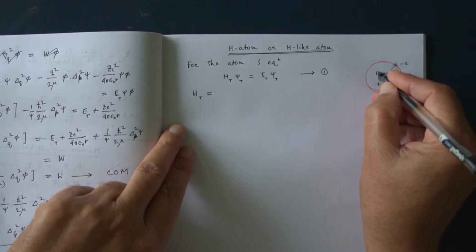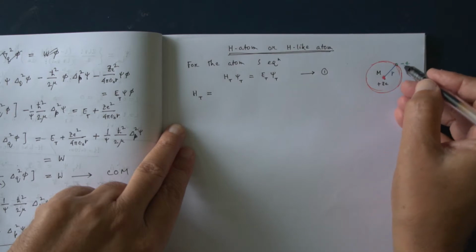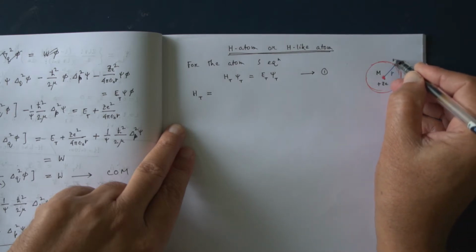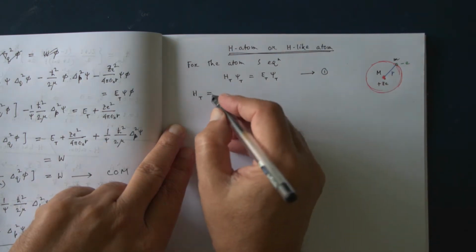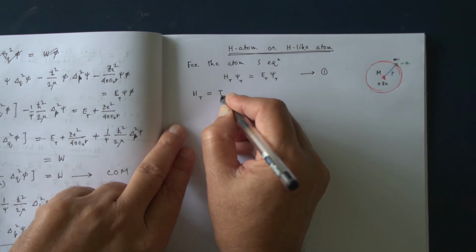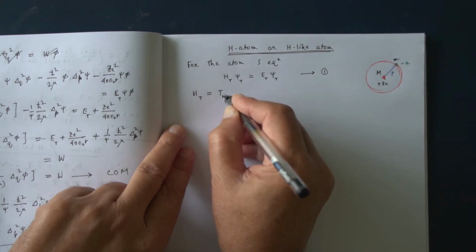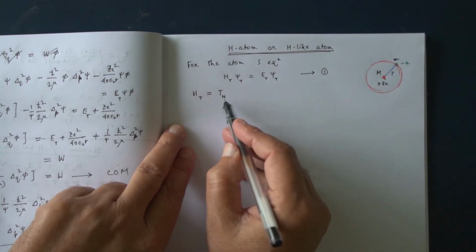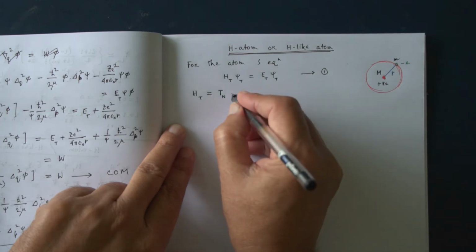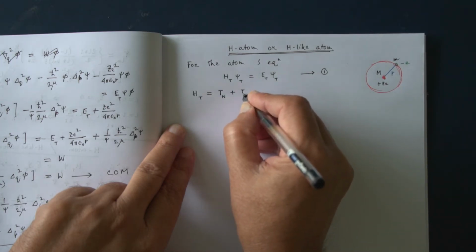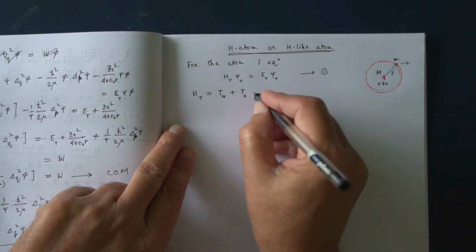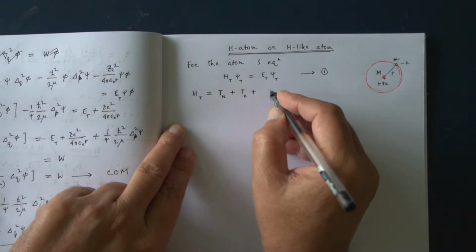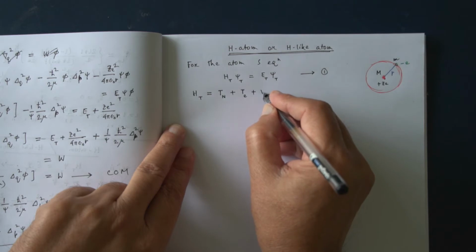Suppose the mass of the nucleus is capital M, and the mass of the electron is small m. So there is a kinetic energy term for the nucleus, then a kinetic energy term for the electron, then the potential energy term V.